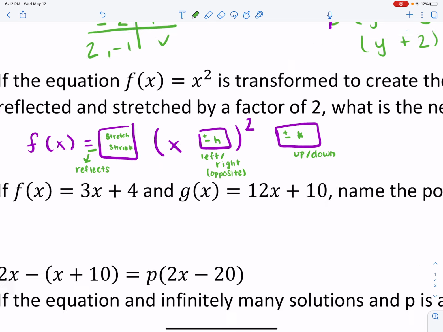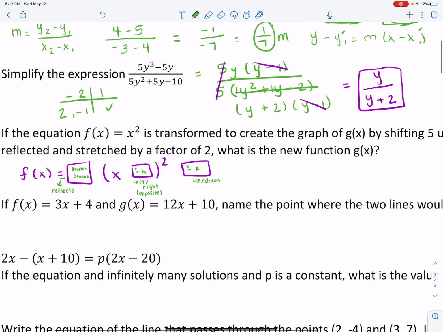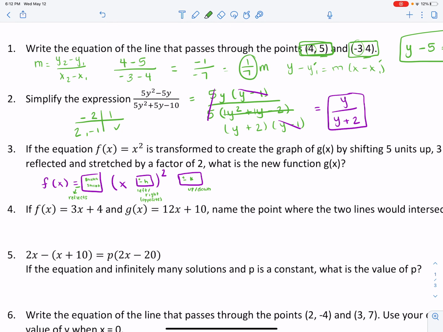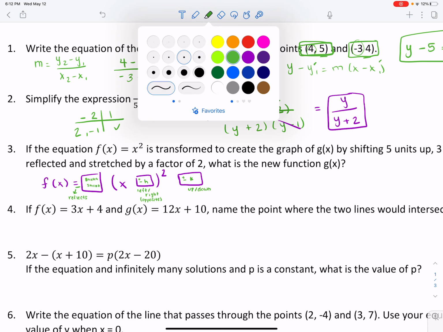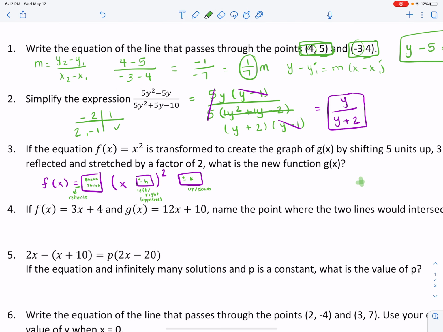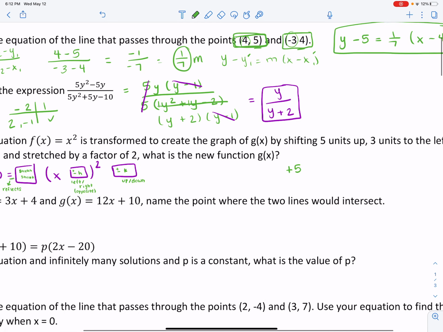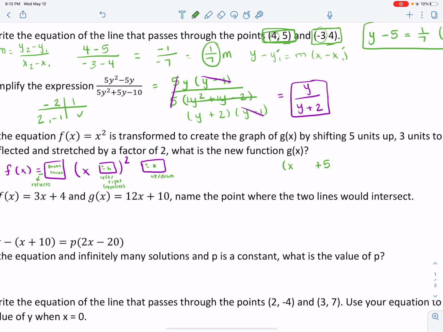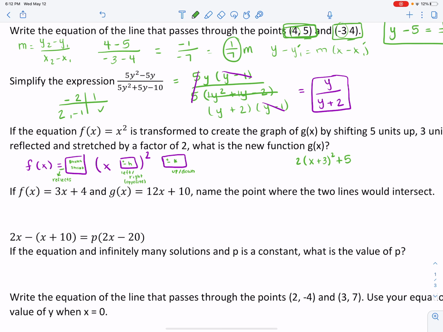So if we look at what I've got: up 5, so the back of my equation is going to have a plus 5. 3 left, so x plus 3 squared, stretch of 2, and reflected. So my new equation is negative 2 times (x plus 3) squared plus 5.